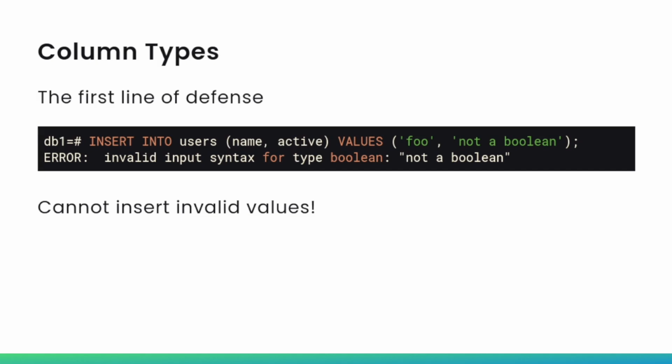So I know a lot of people like to use text for everything because it makes perfect sense and it's very flexible, but in fact, it can compromise the integrity of your data. So using types that make sense can go a long way in maintaining data integrity.